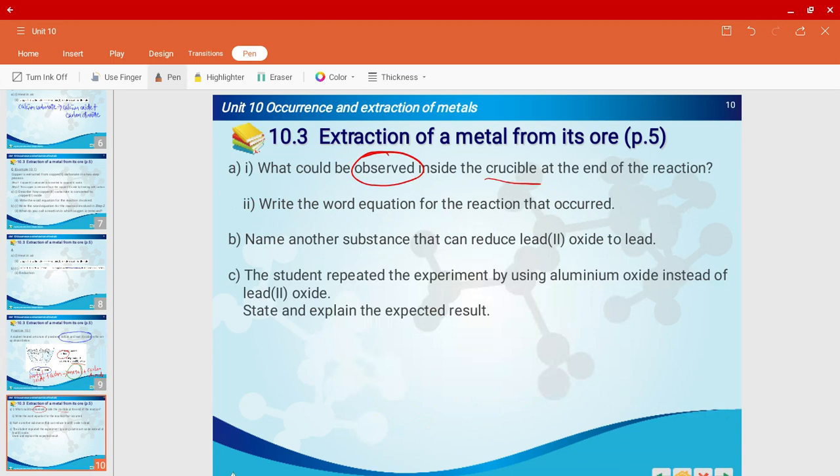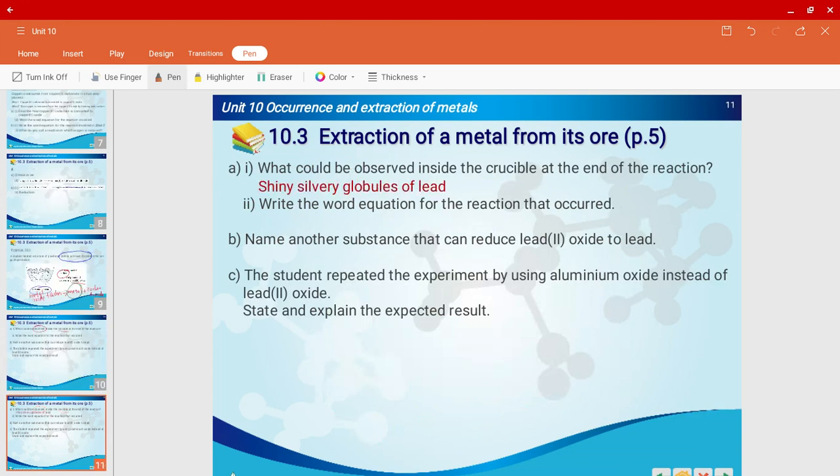So you're going to go ahead and write that down. The metal that you observe is a shiny silvery metal. And in this case, we all know that it's lead, so you go ahead and write that down as well. So you see a shiny silvery metal, lead. That's okay. However, if you just write down the answer lead, you would not get any marks because that's not what you observe. You will observe something silvery, something shiny.